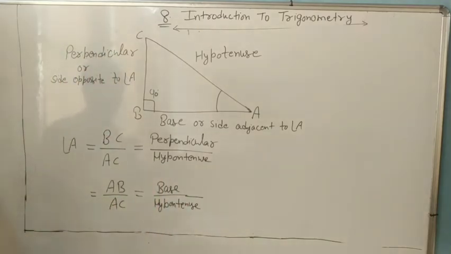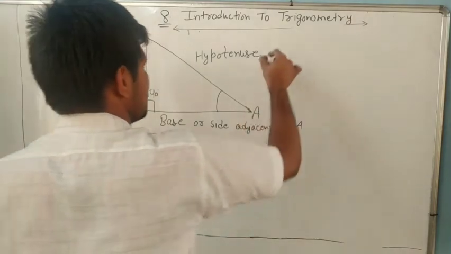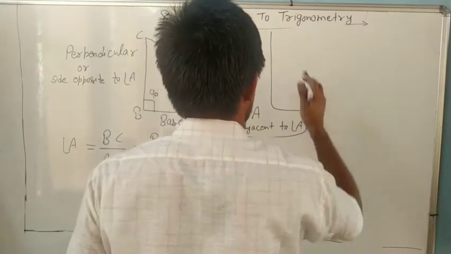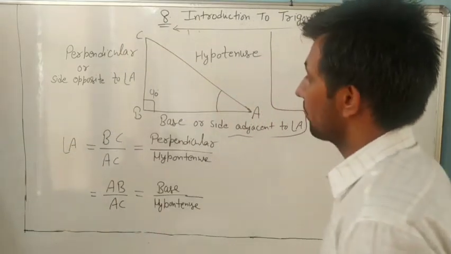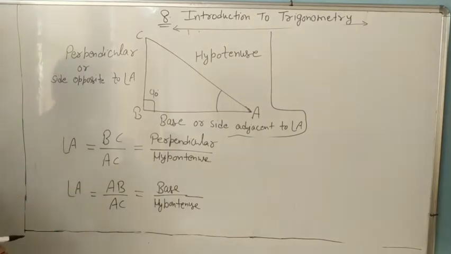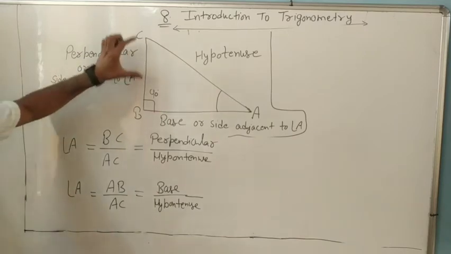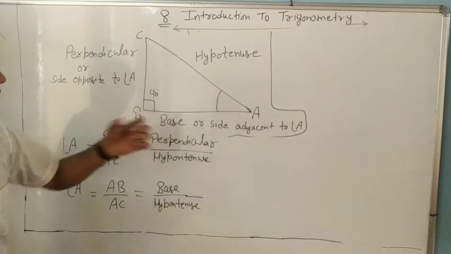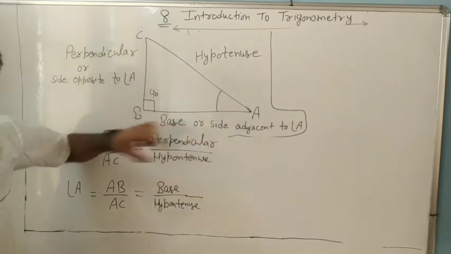Third is one more ratio, and it is also with respect to angle A. Third one: BC by AC we already took, AB by AC already taken. What remains? BC and AB remain.